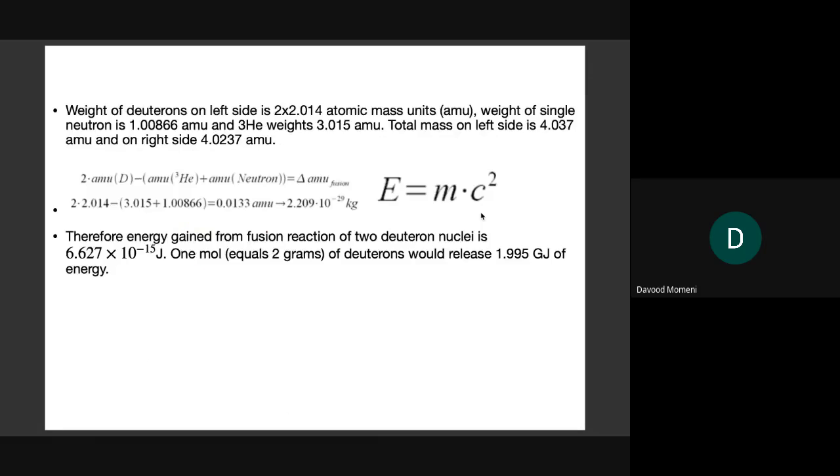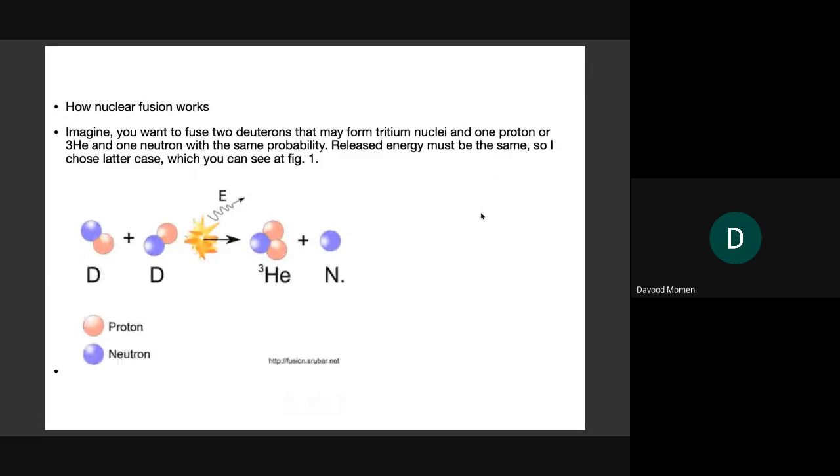To calculate the energy, you have to sum the masses on the left side and subtract the sum of the masses on the right side. The difference between the masses will give you the energy which will be produced during this process.